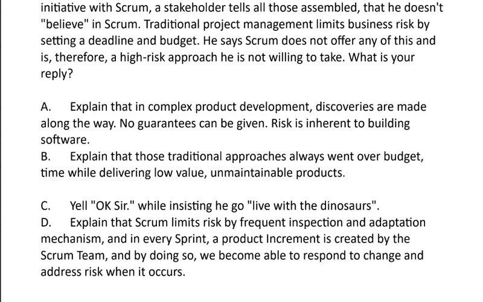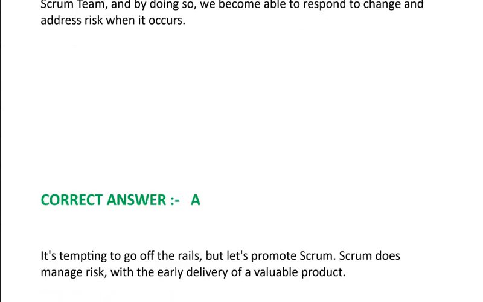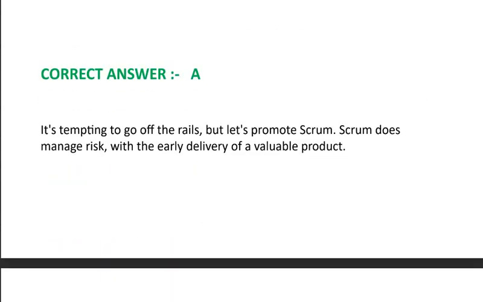Option D, explain that Scrum limits risk by frequent inspection and adaptation mechanism, and in every sprint a product increment is created by the Scrum team, and by doing so, we become able to respond to change and address risk when it occurs. Correct answer is option A.